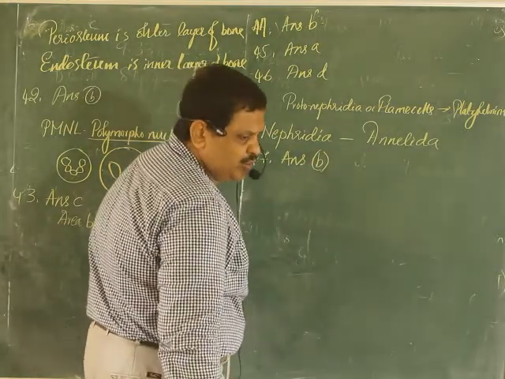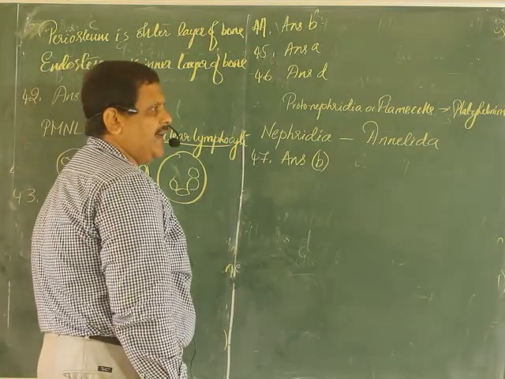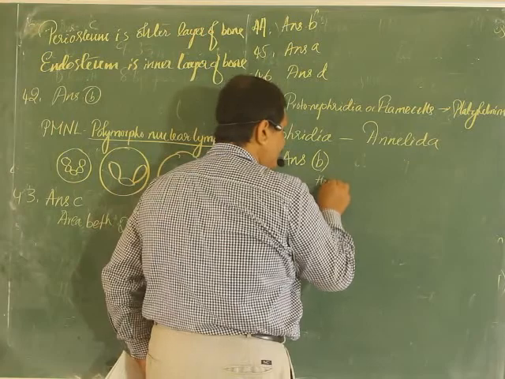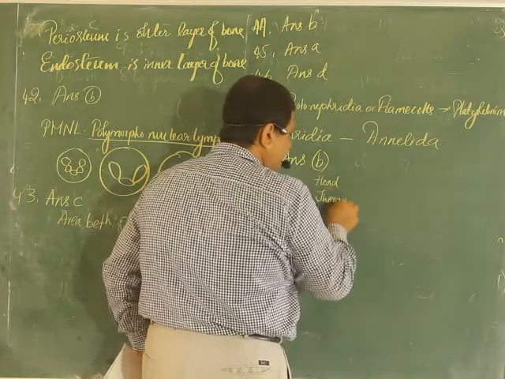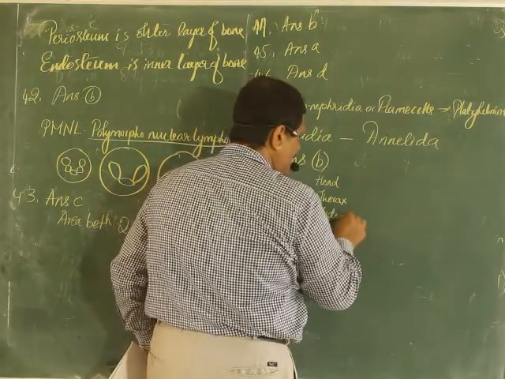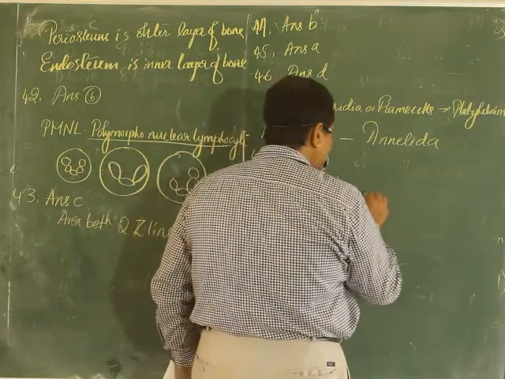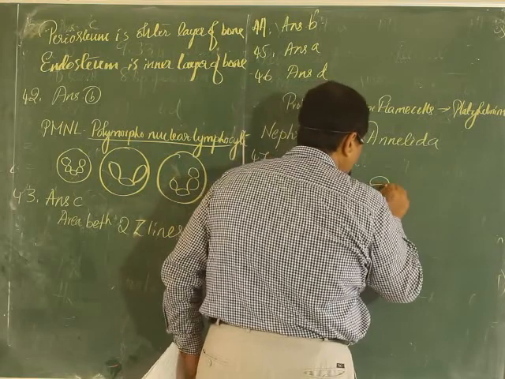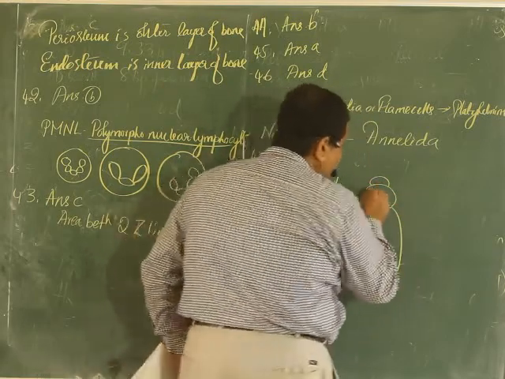In cockroach, we observe the body is divisible into head, thorax, and abdomen. This thorax has 3 segments. The 3 segments of the thorax are fused.